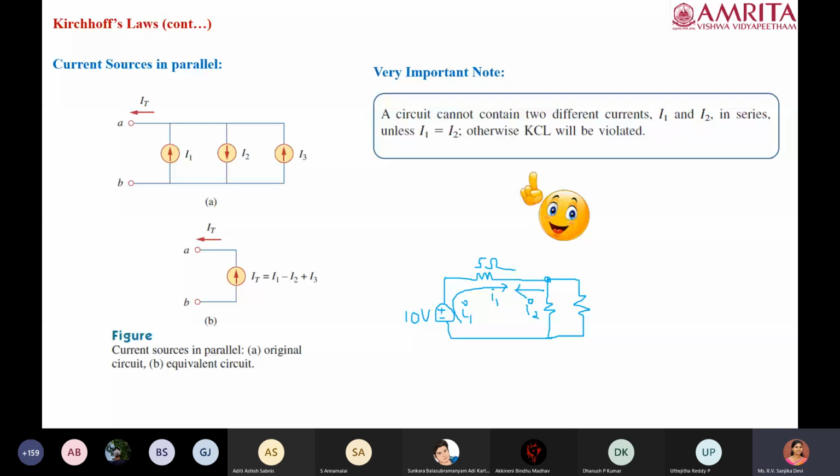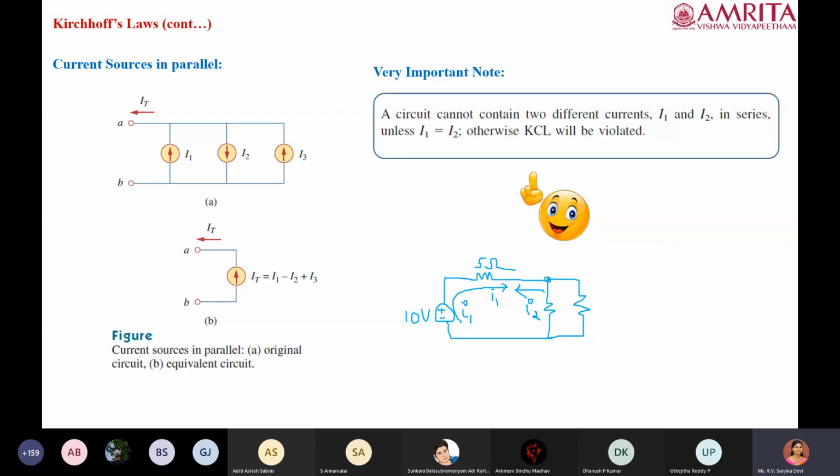Say, for example, is this what you mean, what I'm drawing here? Yes, ma'am. I'm just giving a representation for I1 flowing from 10 volt to 5 volt. But as per your convention, if you have an I2 current flowing in the opposite direction, in that case also I2 will be just negative of I1 because they are flowing in opposite directions.